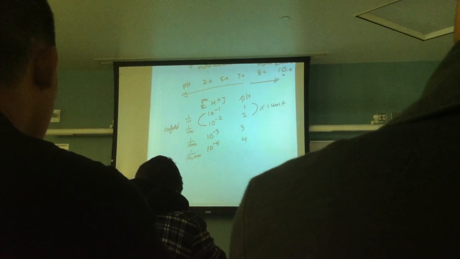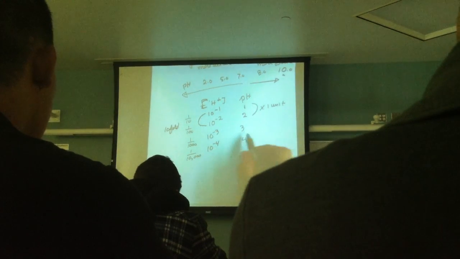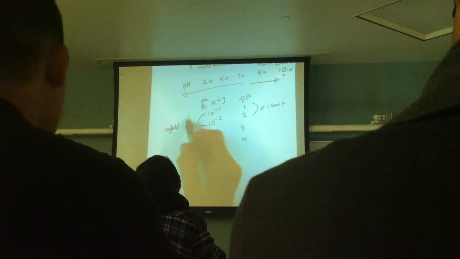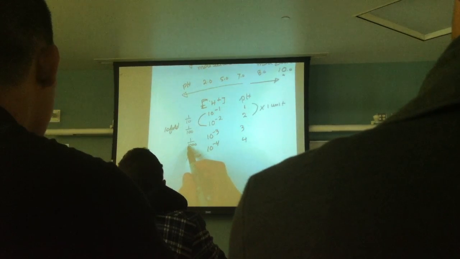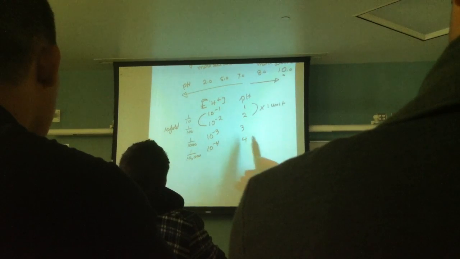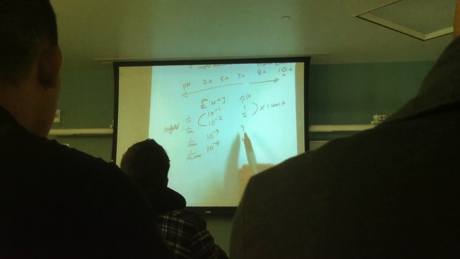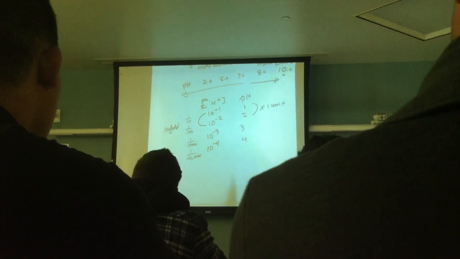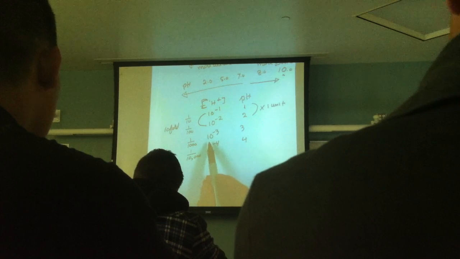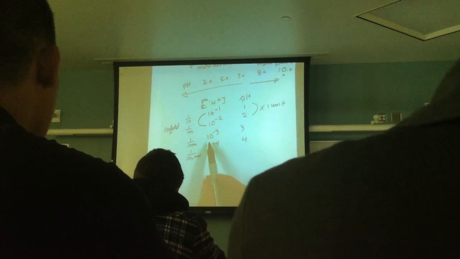How about if the pH changes 2 units? The hydrogen ion increasing how many fold? 100. So in the lab, people say, teacher, does it really make a difference pH 1 or pH 3? Is 1 and 3 close together? No, it is 100 times more acidic.